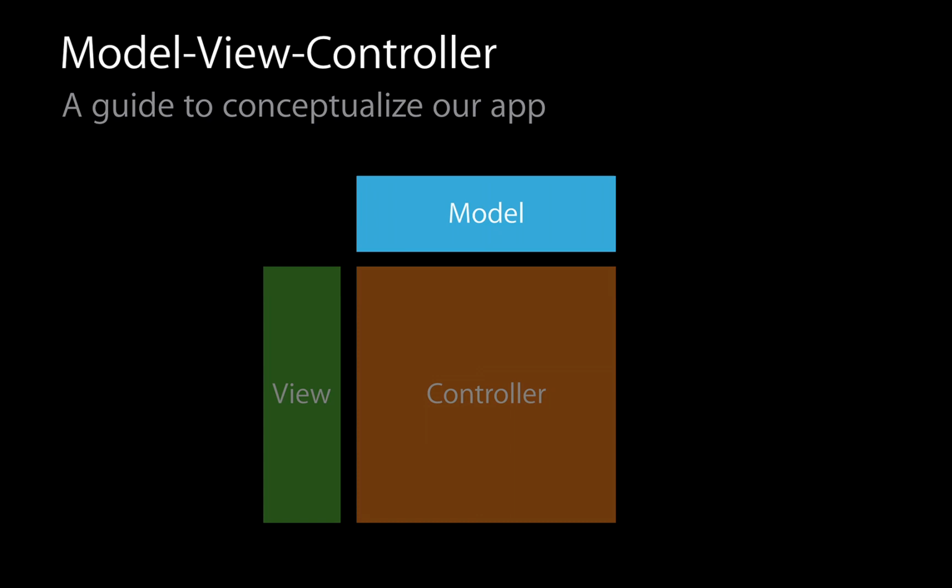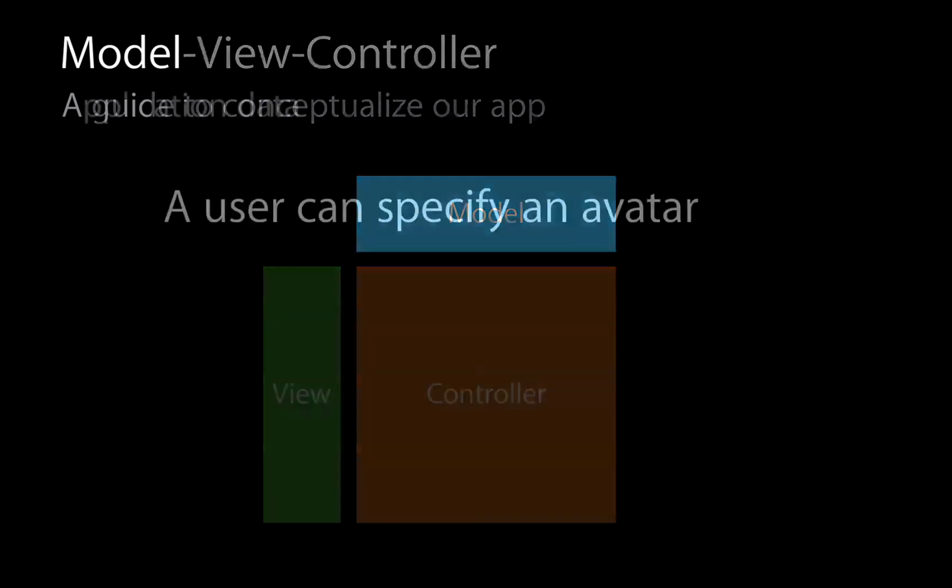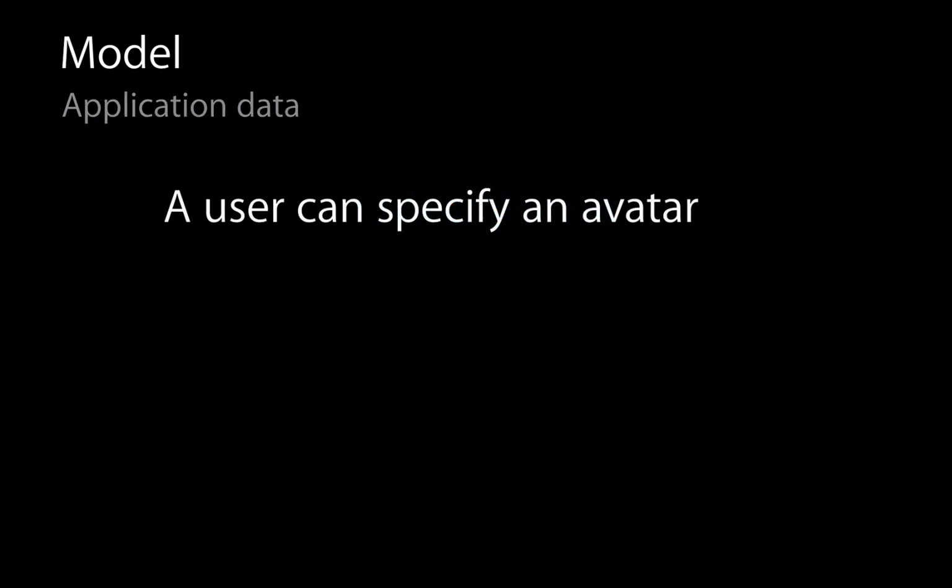And the first thing I like to do is talk about the model. A really good first cut approach at how to come up with the model is to write down some user stories, or maybe if you've ever used CRC cards, like the titles of those, the list of things that you know that the application is going to have to do, and then pull the nouns out. So here we have a statement, a user can specify an avatar.